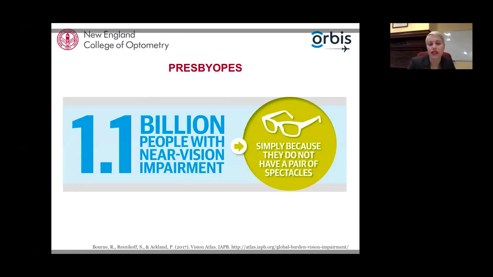So they're aware of them losing their vision, but not sure that glasses can make all the difference. So education in the community is really important in improving these rates of presbyopes who are uncorrected. That's educating community leaders as well, and starting with community leaders, and then helping them disseminate the message throughout the community.